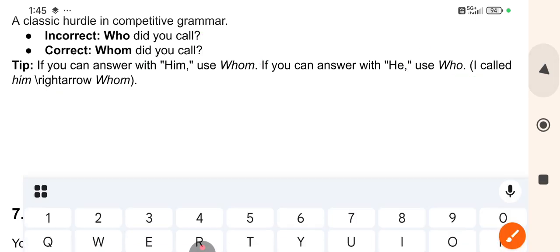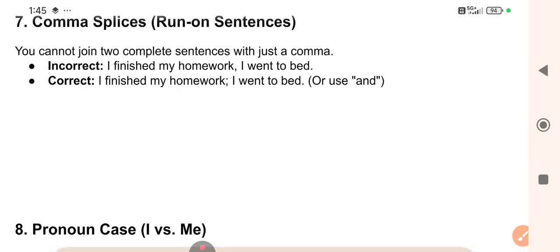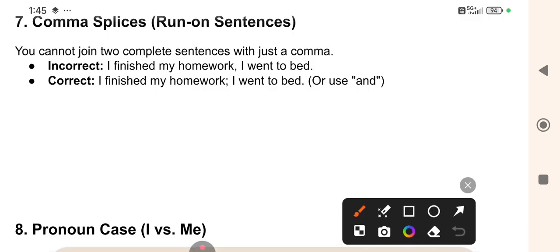That is also who versus whom. Now next is comma splices and run-on sentences. A run-on means another sentence is added into one sentence. I finished my homework, I went to bed.